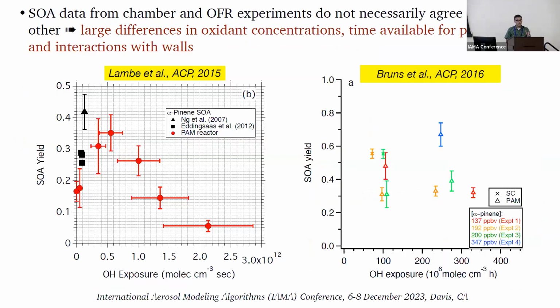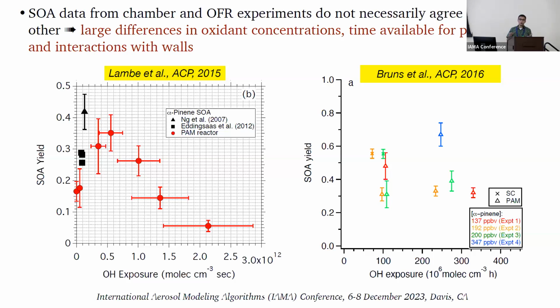Okay, so SOA data from both chamber and OFR experiments do not necessarily agree with each other. So on the left, you can see some data from Andy Lamb's analysis, where the SOA mass yields between those derived in a chamber versus a flow tube are slightly different as a function of photochemical age. You can sort of see the same result from a study from the PSI group.